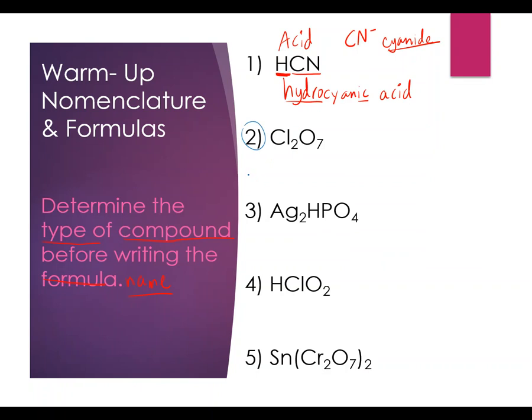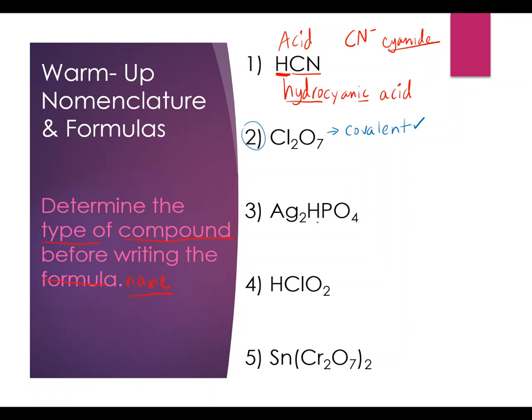All right, now looking at this compound, number 2. What type of compound are we dealing with here? Is it acid, ionic, covalent? Yes, definitely, you are correct. This is covalent. Correct. Now, since it's covalent, what do I need to include in my names?